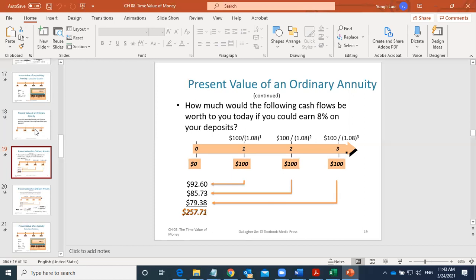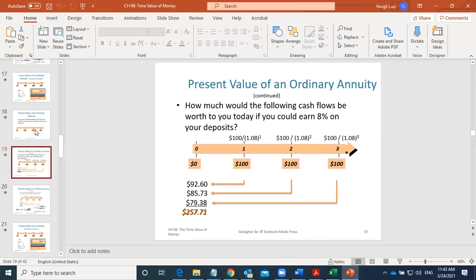So we talked about the lump sum question, and now we go to the annuity question. But this one is the most important: the present value of ordinary annuity. You really need to understand this one. Why?